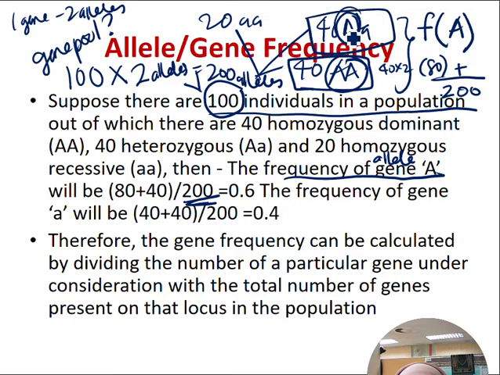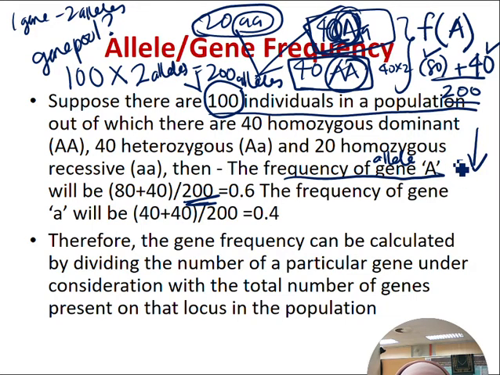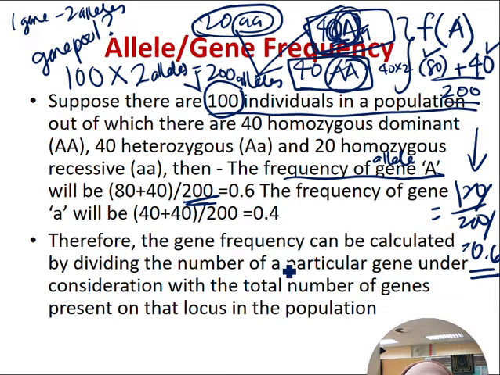Heterozygous people are also 40, but in their genome they only have one dominant allele, the big A allele, so we don't multiply by 2, there are just 40. Homozygous recessive people have no dominant allele big A, they only have the recessive allele, so we do nothing there. So it's 80 plus 40 over 200, which is 120 over 200, and when you press the calculator, you get 0.6.